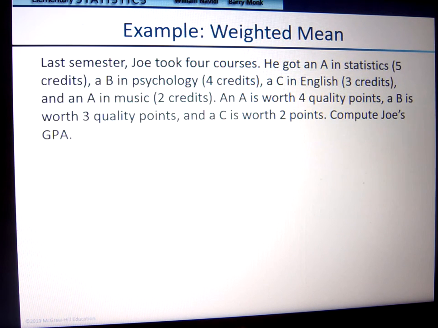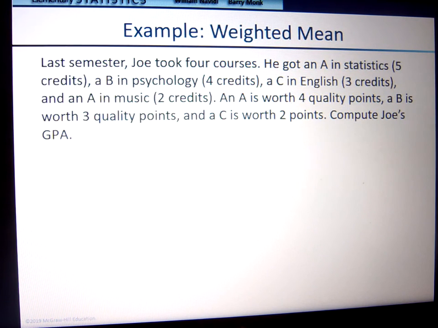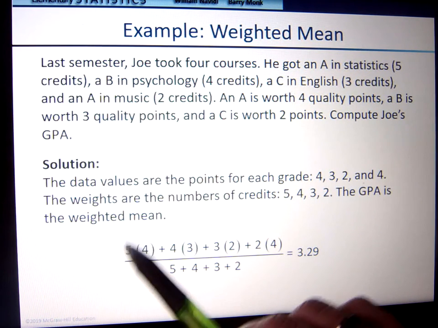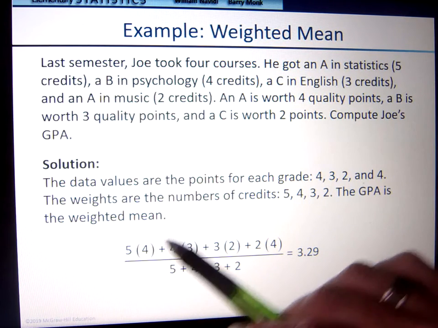So here he has 4 courses. He got an A in stats, which is 5 credits. He got a B in psych, which is 4 credits. A C in English, which is 3 credits. And an A in music, which is 2 credits. Now an A is worth 4, B is worth 3, C is worth 2. So compute his GPA. You take how many credits he had, 5, times that A value, which is 4.